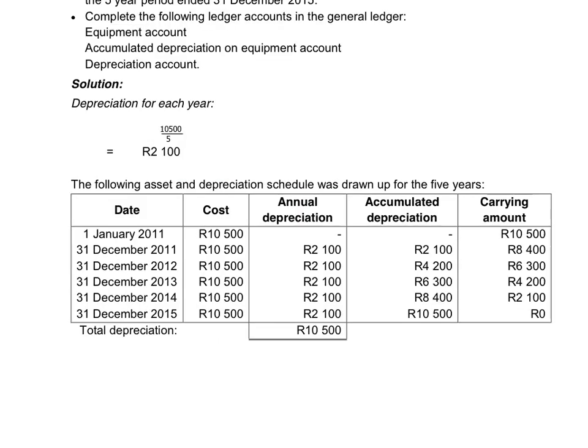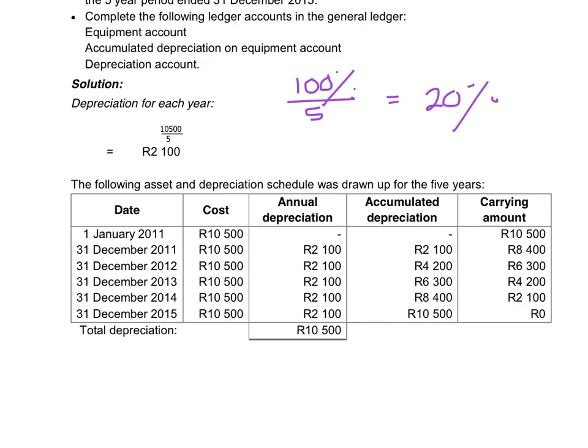So you can take the cost $10,500, divide by 5 years, and every year you write off 2,100 Rand. Or you can say you want to write off 100% of the value over a period of 5 years. That means that we will write off 20% each year. So you will, with both methods, get the same answer.